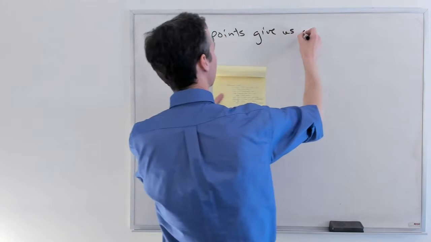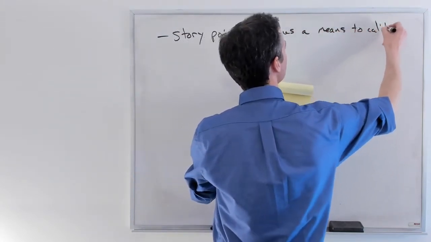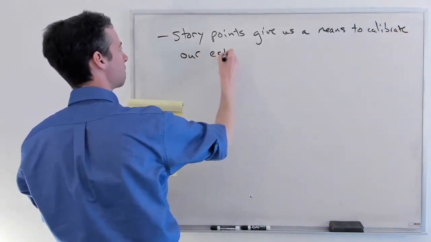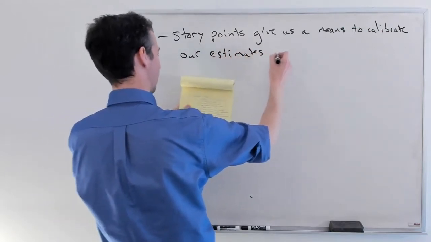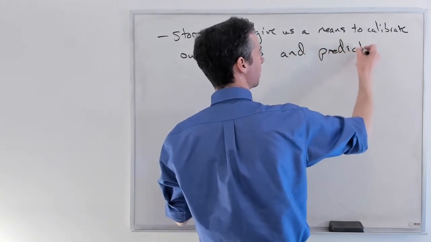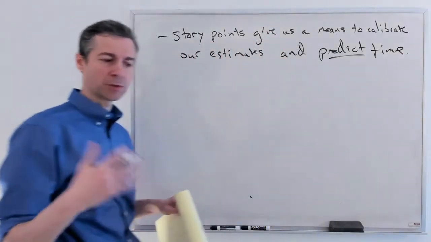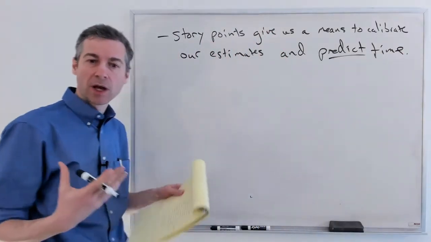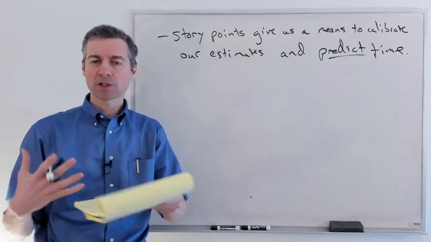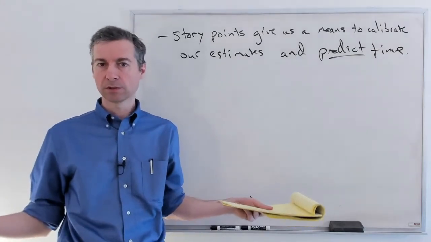They give us a means to calibrate these estimates that we're making, and then predict the amount of time. We won't know for sure, but we're going to make a prediction of the time once we've calibrated what a story point means. In other words, how much time does it take a team to get a story point done? We're going to learn that based upon empirical data.